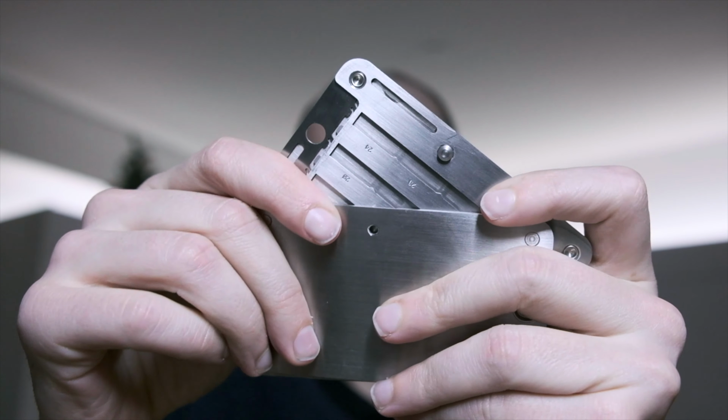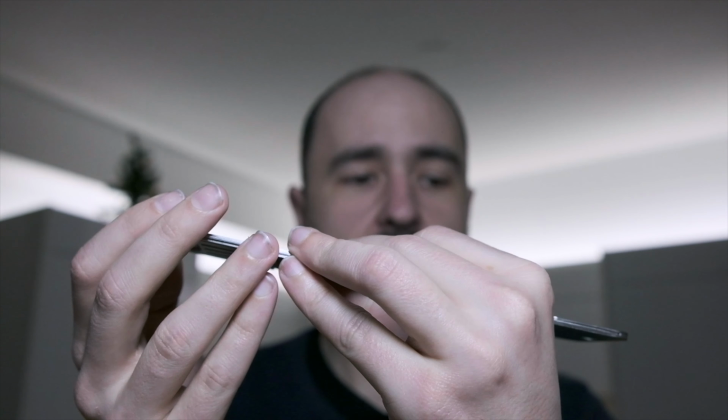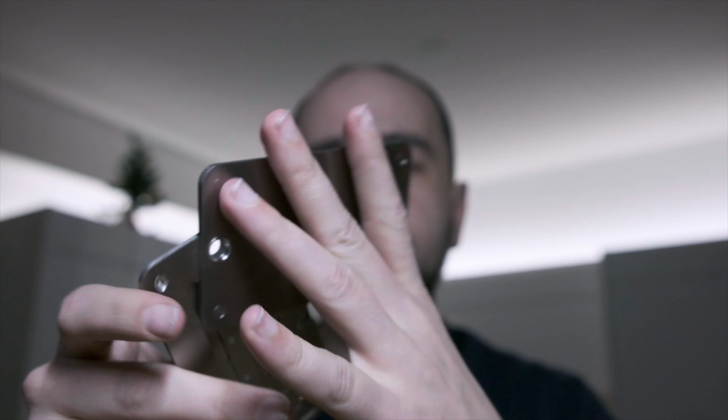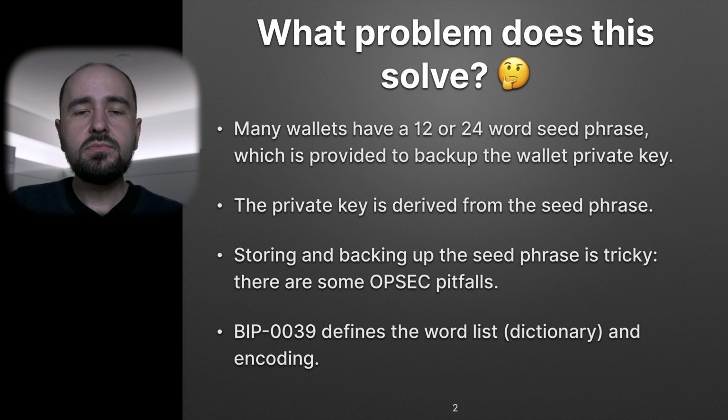This is a product called CryptoSteel, a seed storage thing made of steel with little slots for steel pressed characters where you can write out the words, and you can use this to store your seed phrase long term. You can put that in a safe or a safe deposit box or under your mattress or whatever.